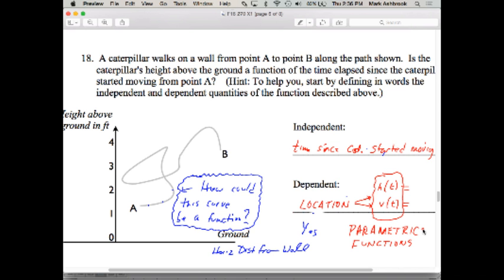And so that idea is a parametric function. Parametric functions allow for all these crazy curves, all kinds of curves in the plane that you would have written off as non-functions before if you were doing y as a function of x, right? So this is certainly not y as a function of x, but location, ordered pair x comma y, is a function of a parameter, in this case time.